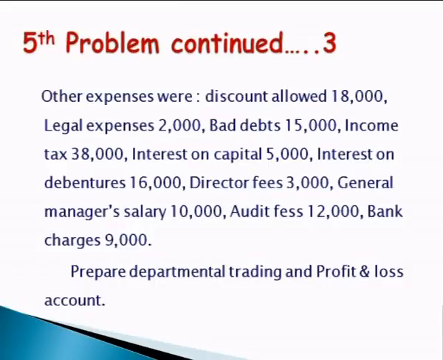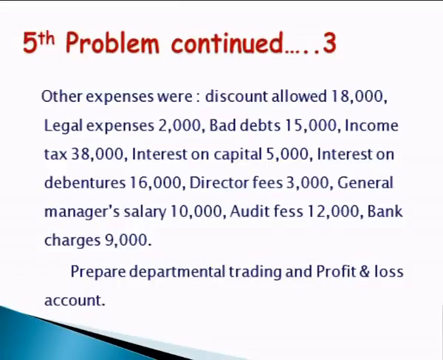Interest on capital 50,000 cannot be allocated unless the capital of each department is given. Interest on debenture 16,000 cannot be allocated unless we know the amount of debenture for each department. Director fees we cannot allocate unless we know the number of employees working in each department. Therefore, all such expenses which cannot be allocated will be taken to the general profit and loss account.